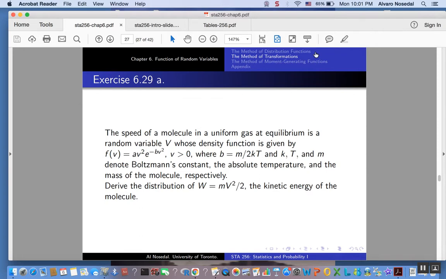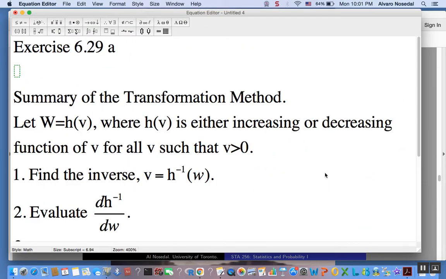But in order to apply this method, we have to check that an important condition holds. So let me remind you what that condition is.